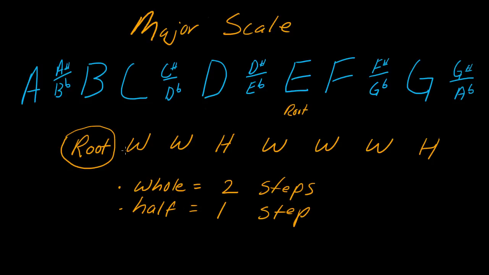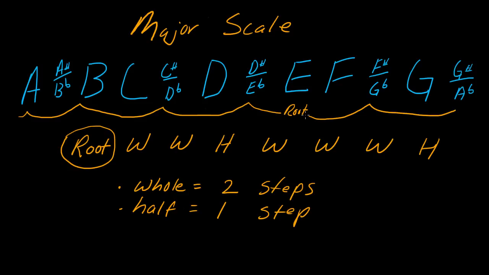So from here, you remember the phone number: whole, whole, half, whole, whole, whole, half. Whole is 2 steps. Skip, whole, whole, half, whole, whole, whole, half. And sure enough, it ended up back on the root.